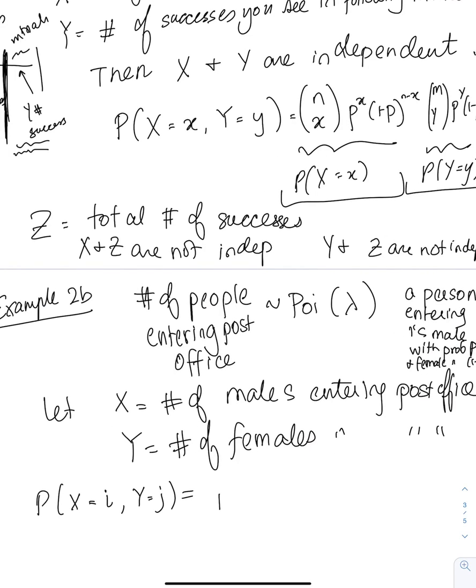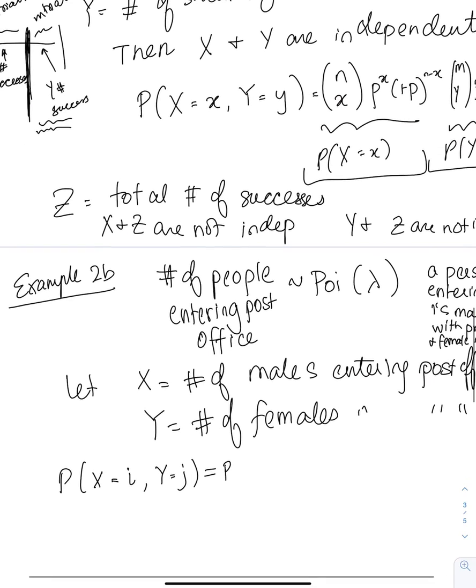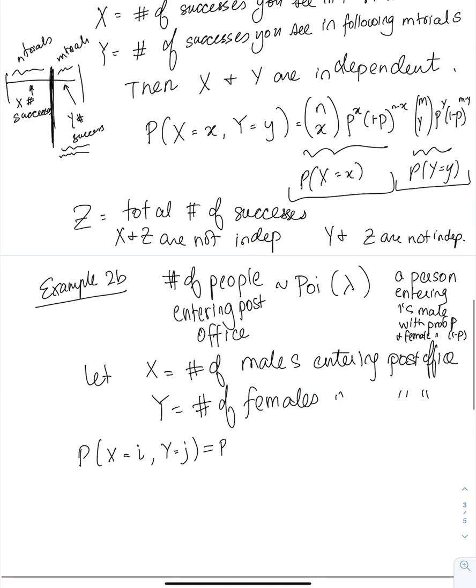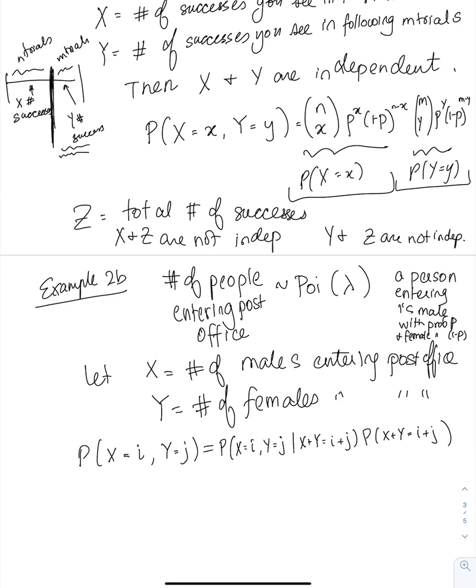So this is the probability X equals i intersect Y equals j, given X plus Y equals i plus j, times the probability X plus Y equals i plus j, plus the probability X equals i intersect Y equals j, given X plus Y not equal to i plus j, times the probability X plus Y not equal to i plus j.